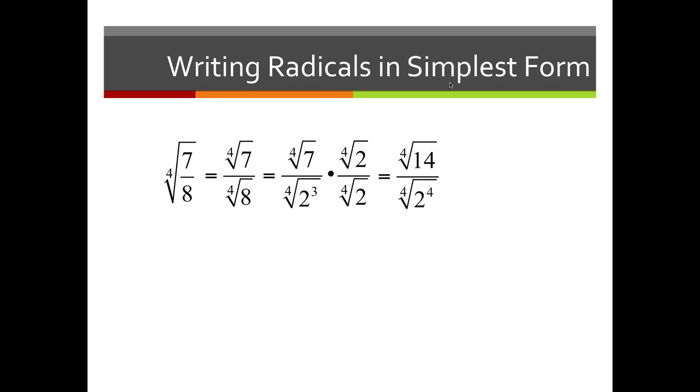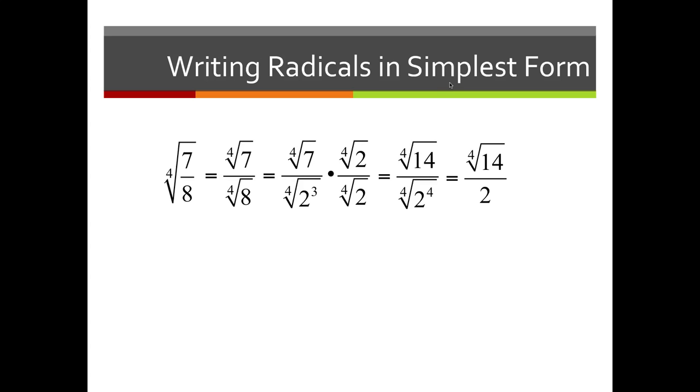What I do want to take care of is that fourth root of 2 to the fourth now. The fourth root and the fourth power cancel each other out, and so all I have left is just the 2 in my denominator. I have just rationalized my denominator for a fourth root number. So the fourth root of 14 over 2 is my final answer.